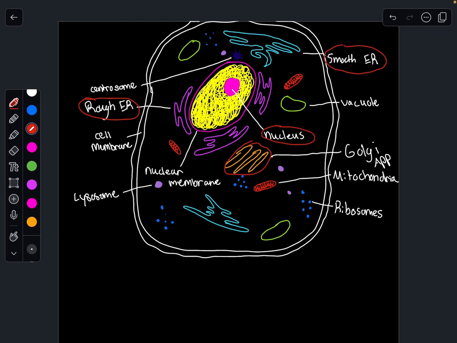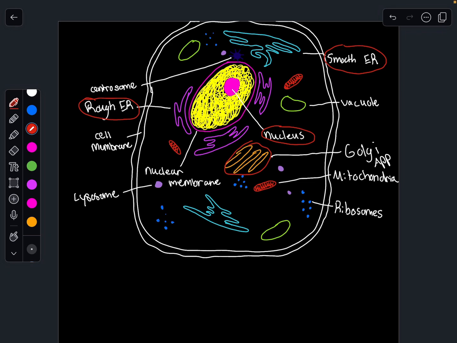Sorting and packaging, it sorts the processed molecules and packages them into vesicles for transport, and it takes them to their final destination, such as a lysosome, the plasma membrane, or for secretion from the cell.